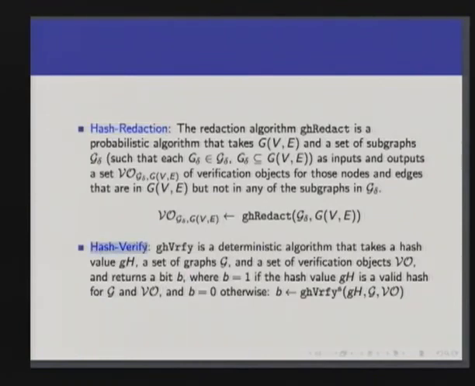This graph verification function is executed by the user on the user side. So the user has the graph hash value, which is the original hash value of the complete graph, a set of subgraphs returned as part of the query result, and a set of verification objects returned by the third party publisher to verify the integrity of the data.